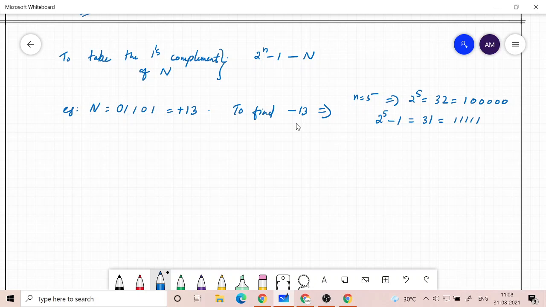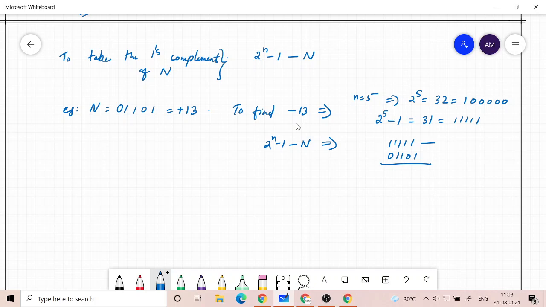Now what we need to do is 2 raised to n minus 1 minus the binary representation of 13, which is here. So we just do these 5 ones minus whatever number is here, which is 0 1 1 0 1.